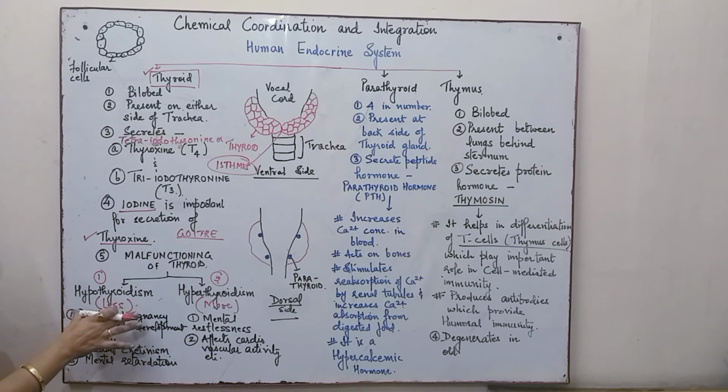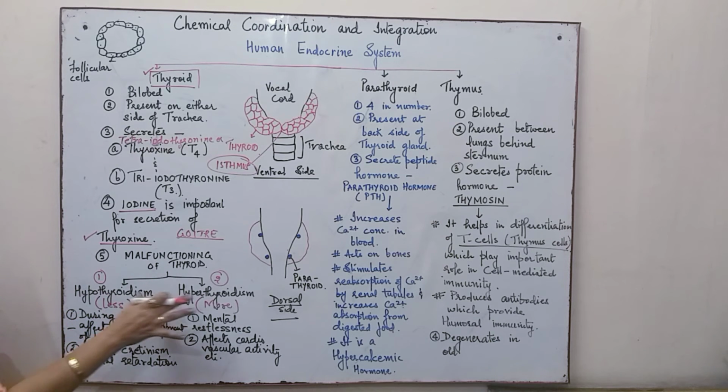The first is due to poor activity or hypoactivity, and the second is due to hyperactivity of the thyroid gland. Now both conditions will have a different effect on the body of an organism.